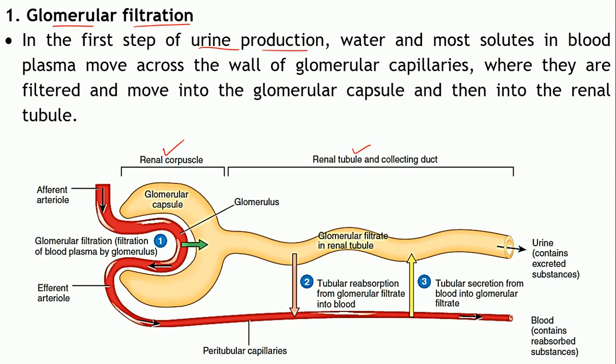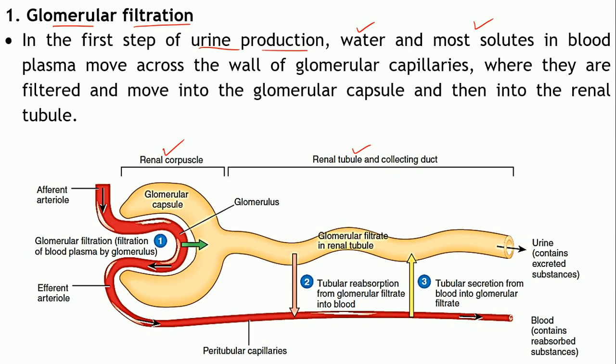Okay, so we have seen that through the capillaries, usually the plasma proteins and the formed elements do not filter. What will get filtered? Yes, the water and most of the solutes which are dissolved in the plasma, right? So all of them will get filtered out from these blood capillaries.